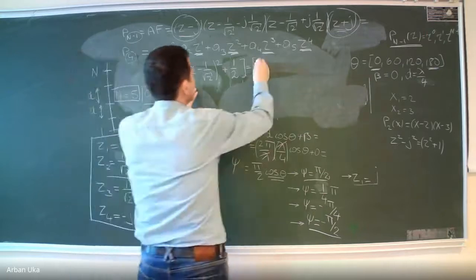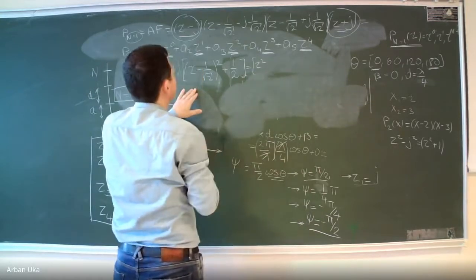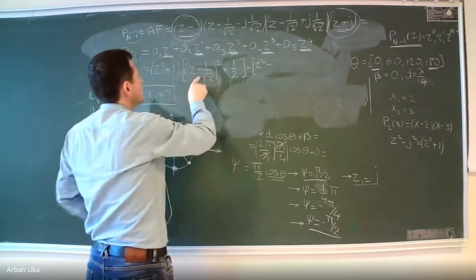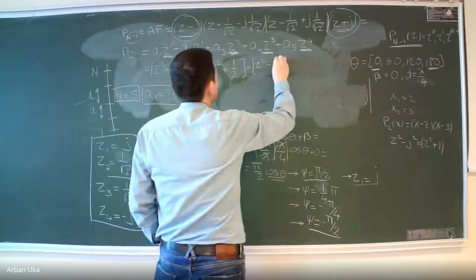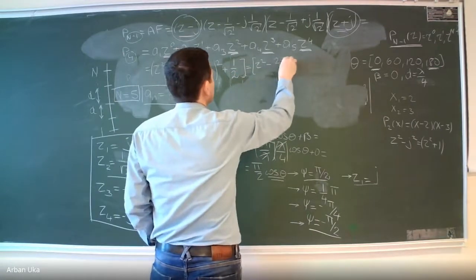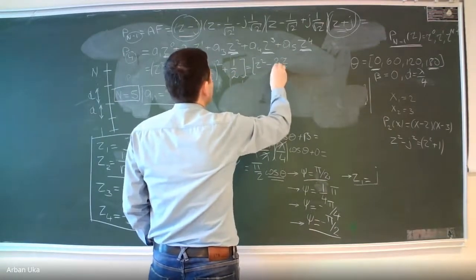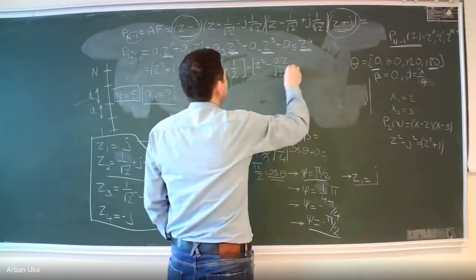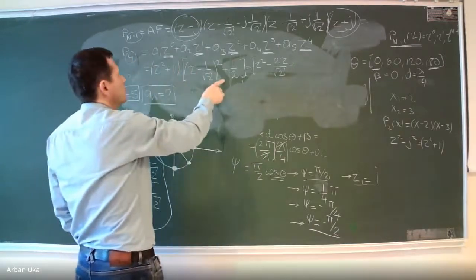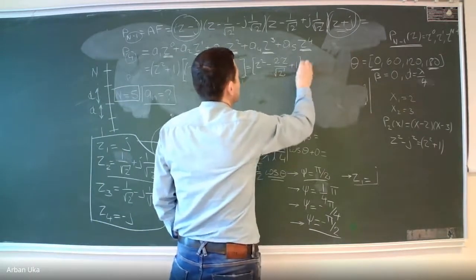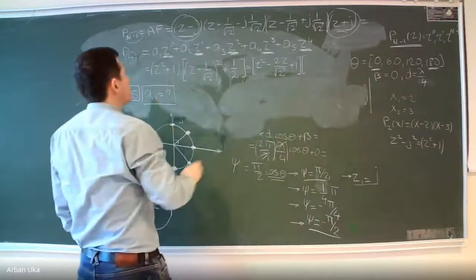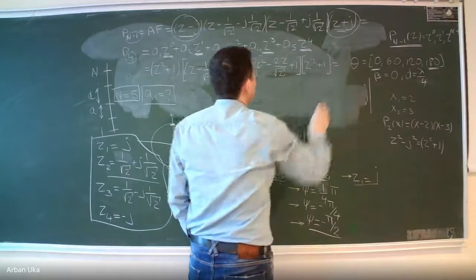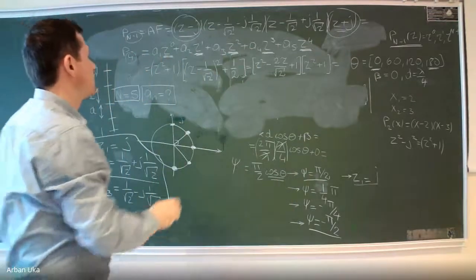So this is going to be z squared minus 2 z over 2 plus 1 over 2, right? Plus 1 over 2 here, plus 1 over 2 is plus 1. Times z squared plus 1. So this is how the multiplication will come out.